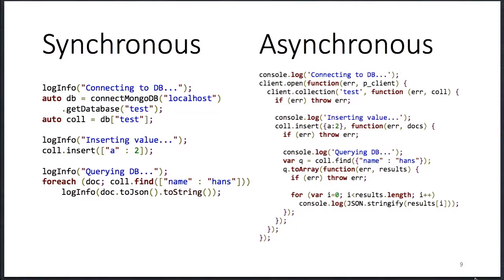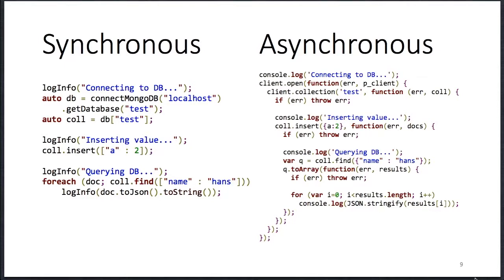So Vibe uses fibers to achieve this task. Fibers are related to coroutines in that you can pause a fiber transparently, and the event loop will resume it when any registered event is received. So we can use this code here instead of blocking on, for example, connect to MongoDB.